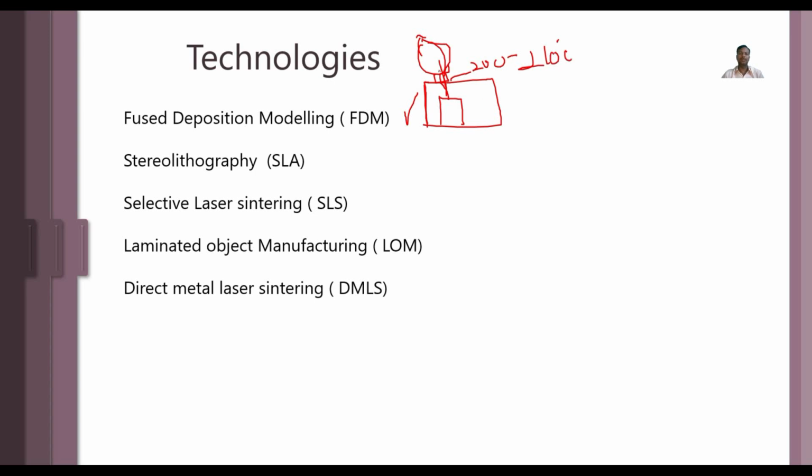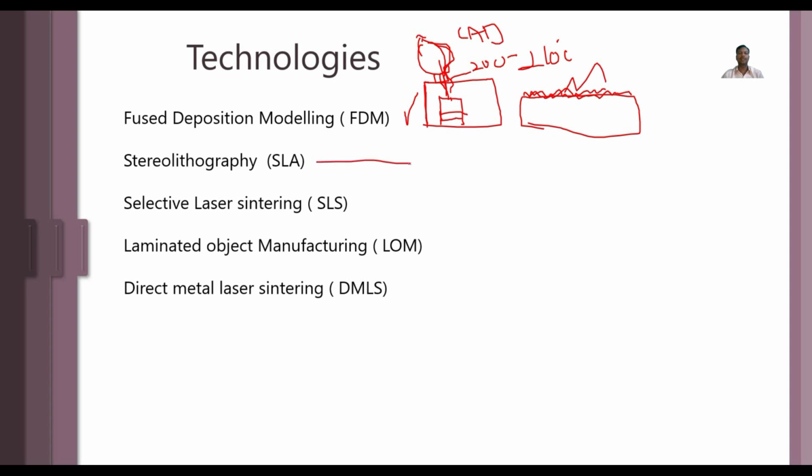The spool will feed and it will build layer by layer according to the CAD design. With this, we are able to print only plastic, that is, polymer based objects. But the problem is the surface finish is very poor compared to another technology like SLA, but we can achieve 3D printing of any model in a much faster way.